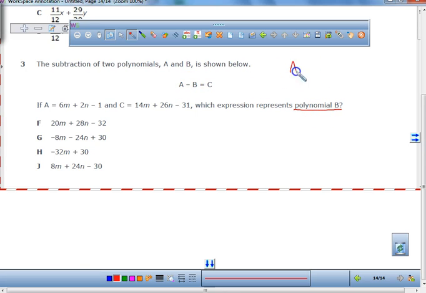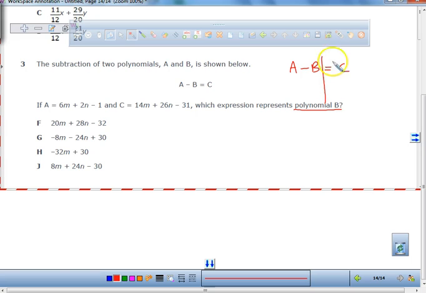If it says A minus B equals C, I want you guys to solve for B right now. I know what C is equal to. I want to know what B is equal to. In order to solve for B, I'm going to have to take away an A from this side, and an A from this side.